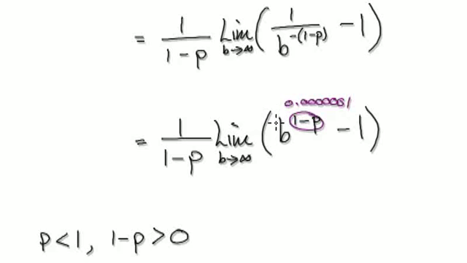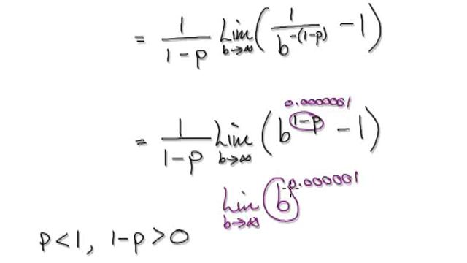You could make an argument that if you have b to the power of 0.00000, a really small number, and then take the limit as b heads towards infinity, you might be unsure whether this will converge or diverge. Here you've got something very, very small, and then b gets larger and larger.